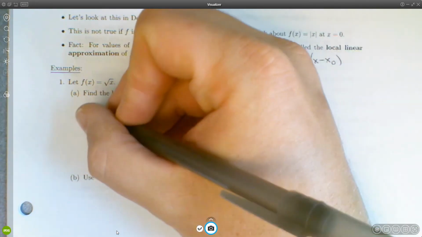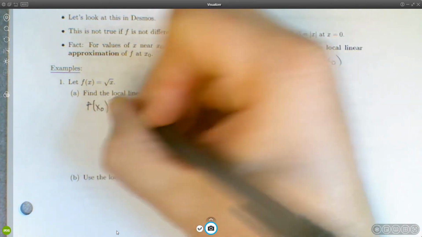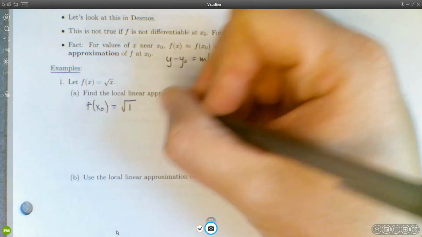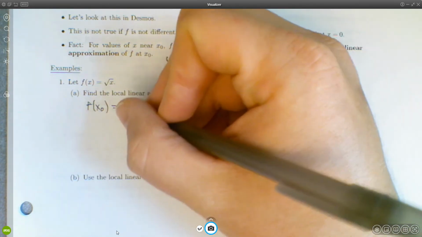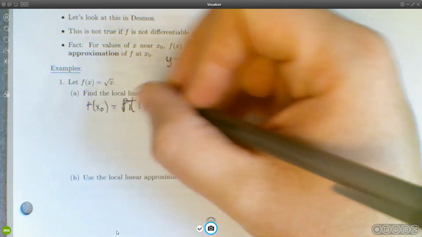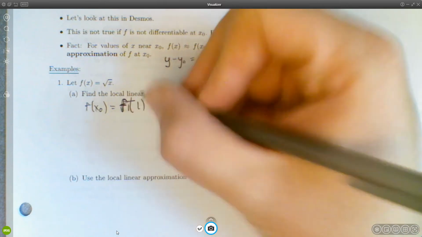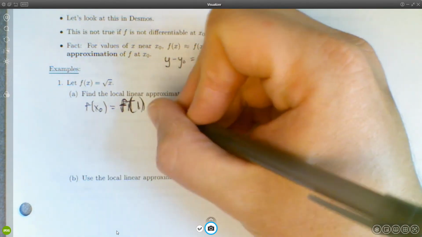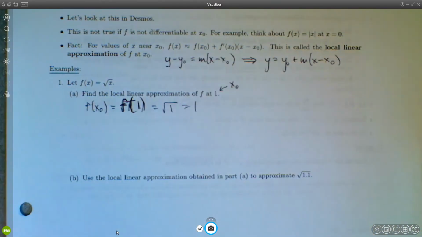So f of x naught would be f of 1, right? Which is the square root of 1. So there's f of x naught.